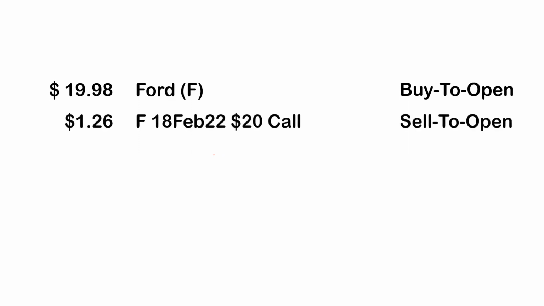Let's go through an example. As of the close today, Ford was trading at $19.98. I could buy some Ford stock, and then I can sell back the February 18th, this is the third Friday of February, $20 call, and I'd immediately get $1.26 back.